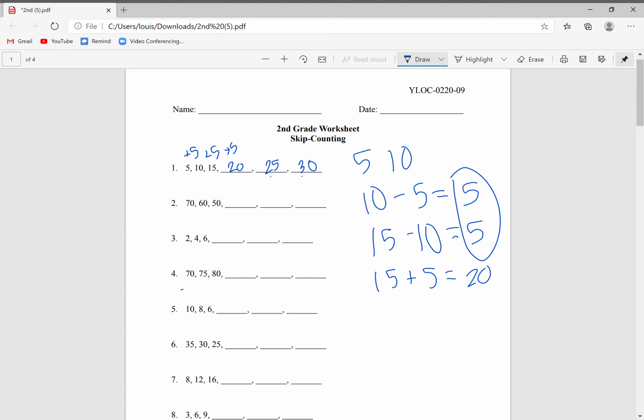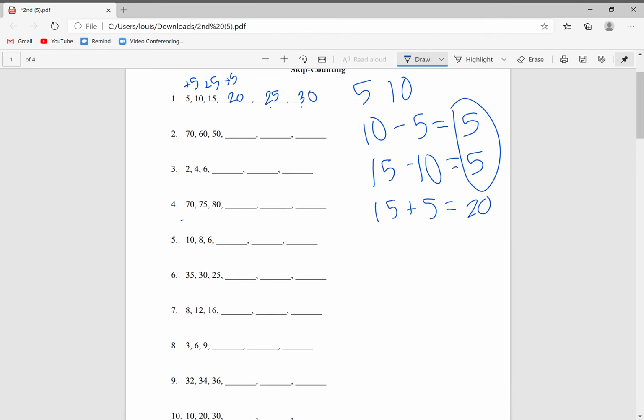But then you would ask, what happens if the numbers are decreasing? Well, we'll take a look at number 5, which says 10, 8, and 6. Again, you would use the same method, which is 10 minus 8 equals 2, and 8 minus 6 equals 2 again. Again, these are the same numbers.